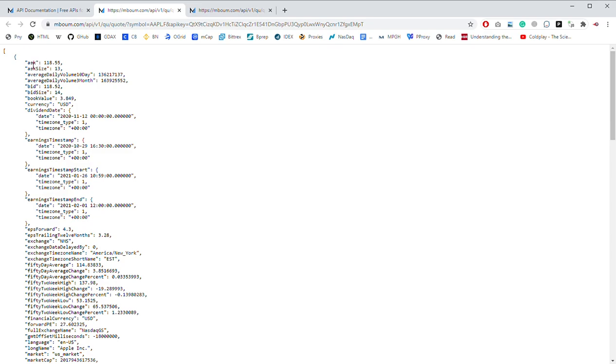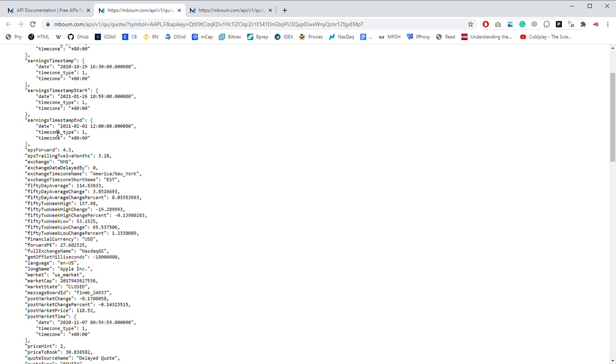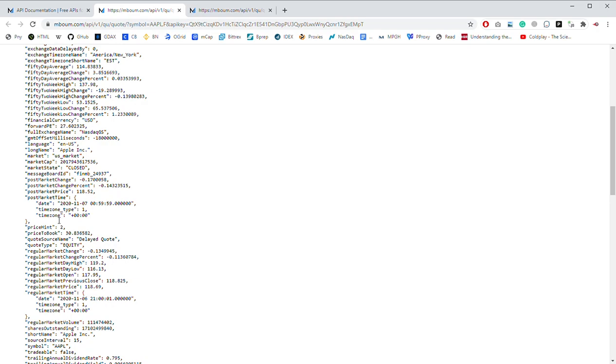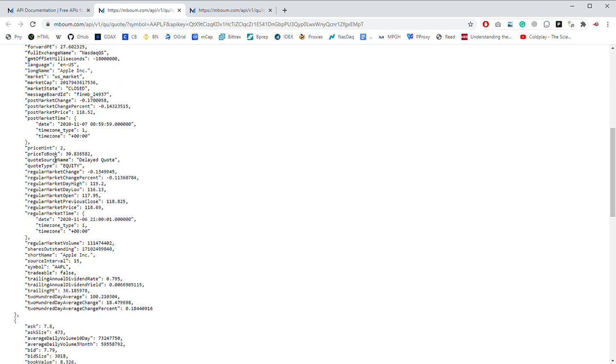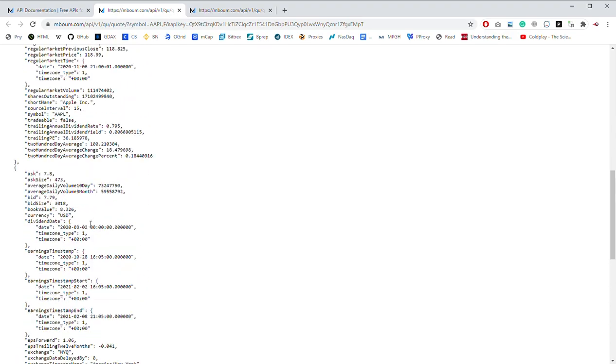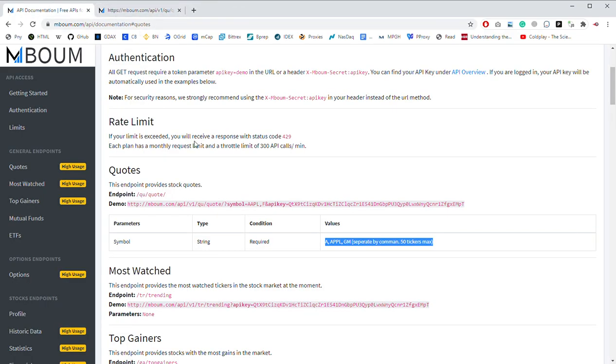So you have the bid and asking price, the book value, the EPS forward, the market cap, the name, the price hint, price per book. So yeah, it has a lot of information in there.